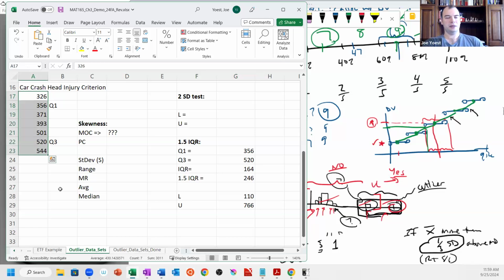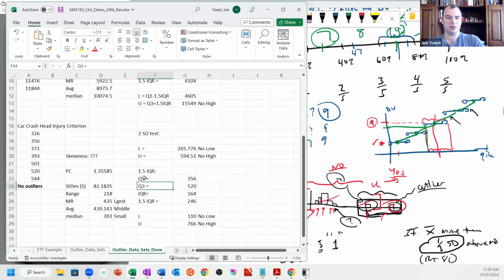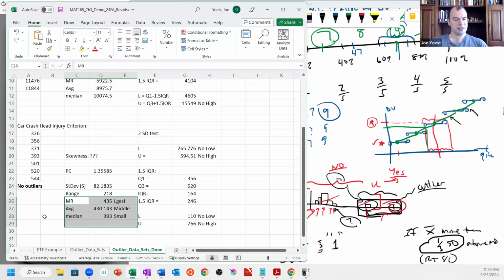I don't see any data points with value less than 110 or bigger than 766. No outliers. And if we take a quick peek at these answers, we have no low or high outliers in the two standard deviation test. And here we have our mid-range is the largest, our mean is in the middle, and the median is the smallest, maybe indicating a little bit of right skewedness or maybe a right outlier.